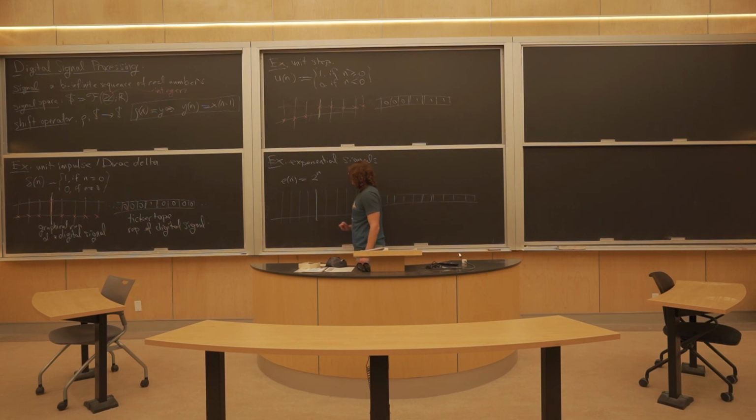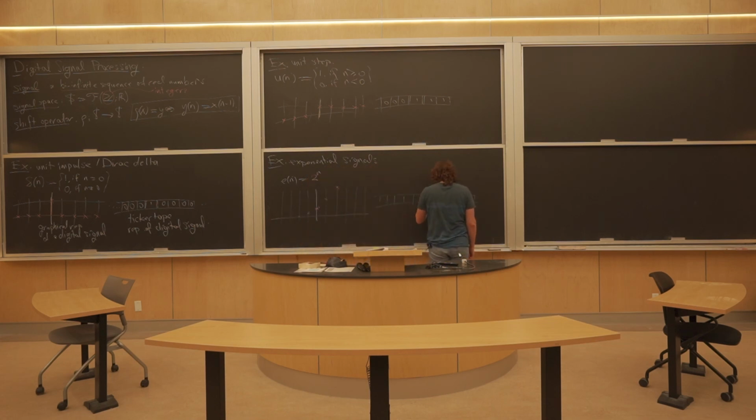Of course, when n is equal to 0, this has to be 1. So this is 1 over here. And as n increases, as you go into the future, this grows exponentially. So at time 1, it is at 2, then it's at 4, and so on. And then when you go in negative time, it's going to be at 1 over 2, 1 over 4, and so on.